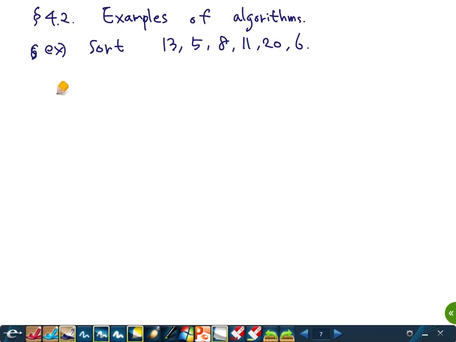By the way, just before I explain the algorithm, think about how you would sort these numbers.